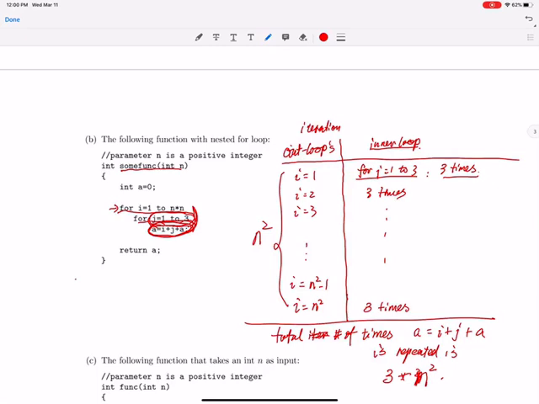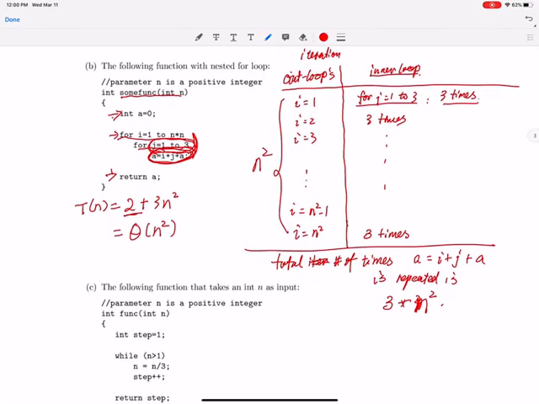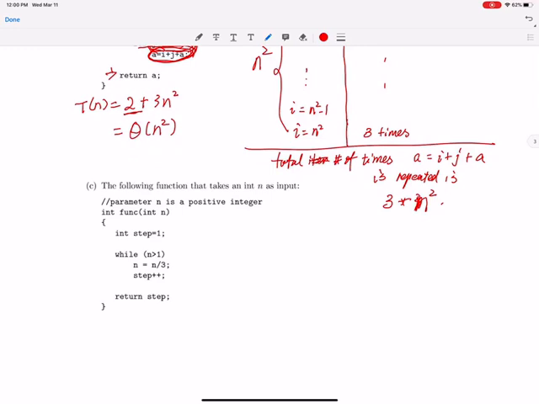So overall, the running time, which is the total number of steps for this function, is 1 here, 1 here, that's 2, and then 3n squared. Okay, so we drop the constant coefficients, drop the lower order term, we get this simplified asymptotic running time. Okay, so let me take a pause here. I will resume later to continue with the rest of the question.